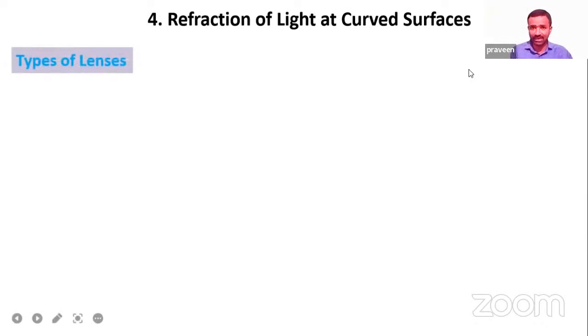Here in the fourth lesson, to decide a focus or focal point, we used the behavior of light rays only after refraction, that is, after the refraction through the lenses.